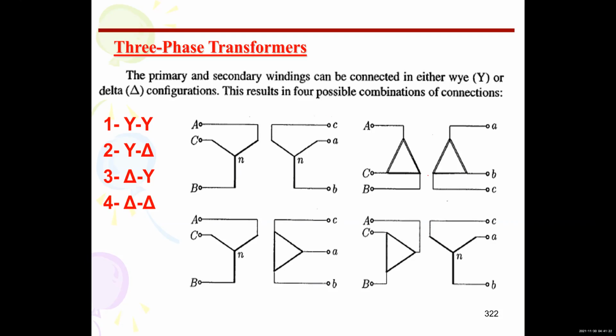So technically, we will have four combinations: YY, Y delta, delta Y, and delta delta transformers. Of course, we're not going into the details of the application of each one, when we use this and when we use that. But the most important thing is that we need to know how to deal with each of these transformer configurations.